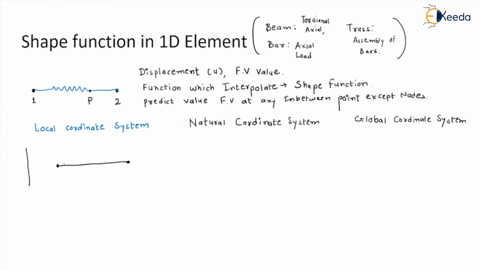So this is my 1D element which is having two nodes and any random point P. From the datum point, node number 1 is at x1 distance, random point P is at x distance, and node number 2 is at x2 distance.